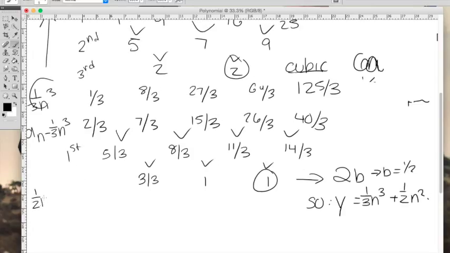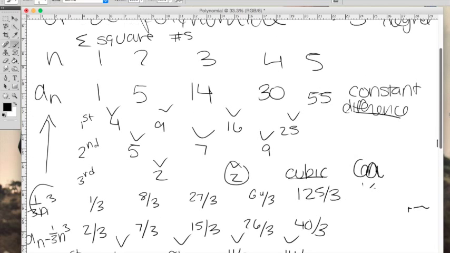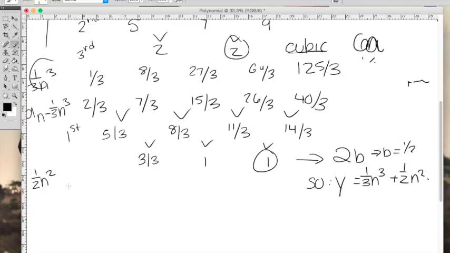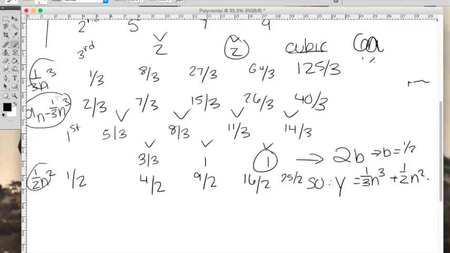So now we go in and we write out half n squared. So 1, 2, 3, 4, 5: 1/2, 4/2, 9/2, 16/2, and 25/2. Then you subtract that from this.